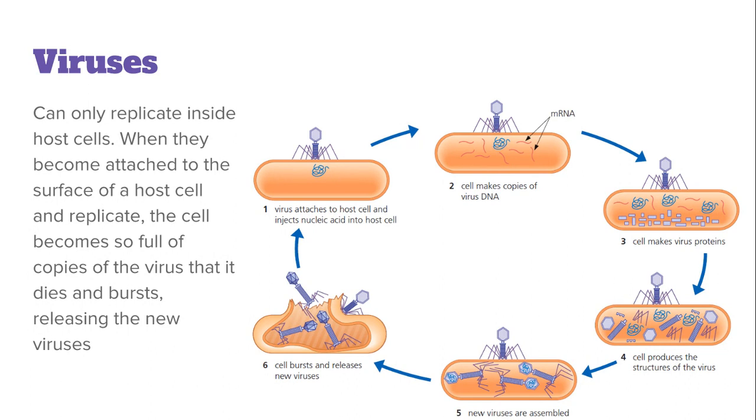The cell then makes copies of this viral DNA. This then tells the cell to make the proteins that the virus requires. And then we can see here that the new virus becomes assembled. Then we see the cell burst and release the new virus to then overtake more cells, thus continuing this cycle here.